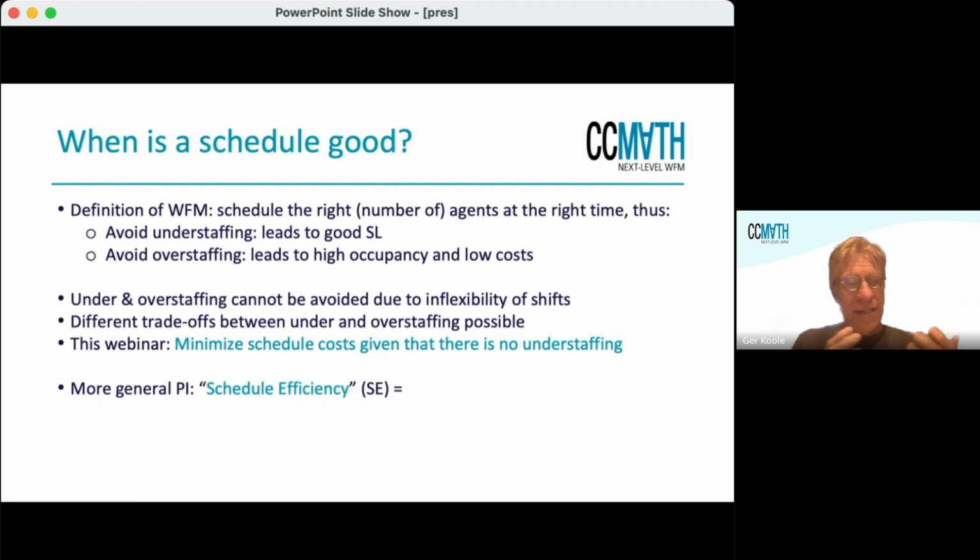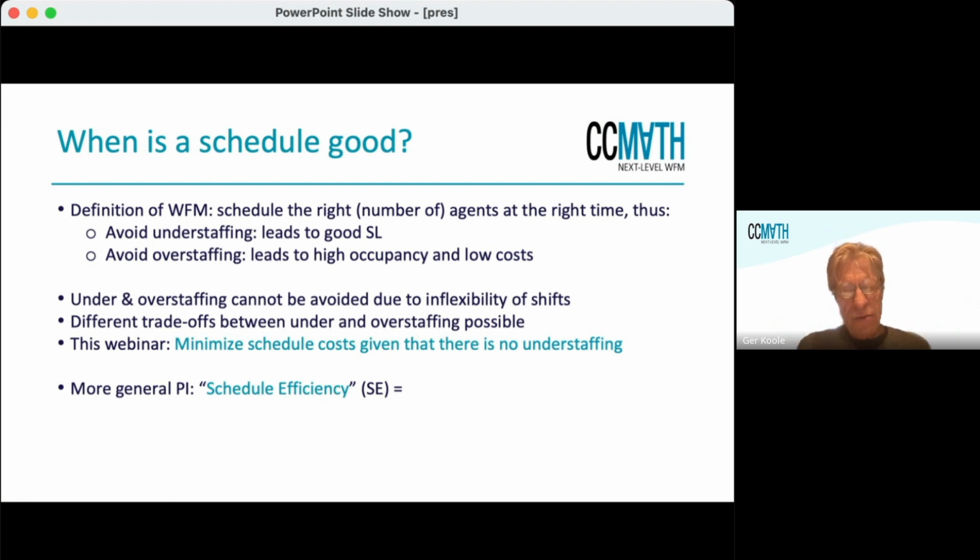As I said, this is just one trade-off and a bit of an extreme trade-off because we avoid understaffing completely.